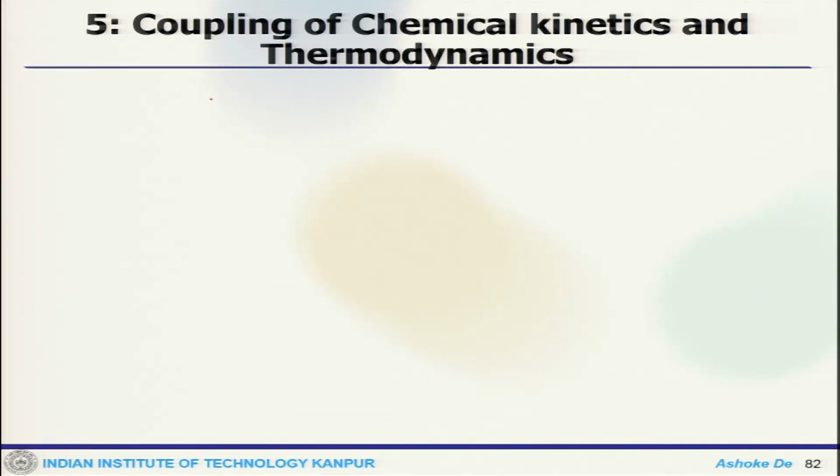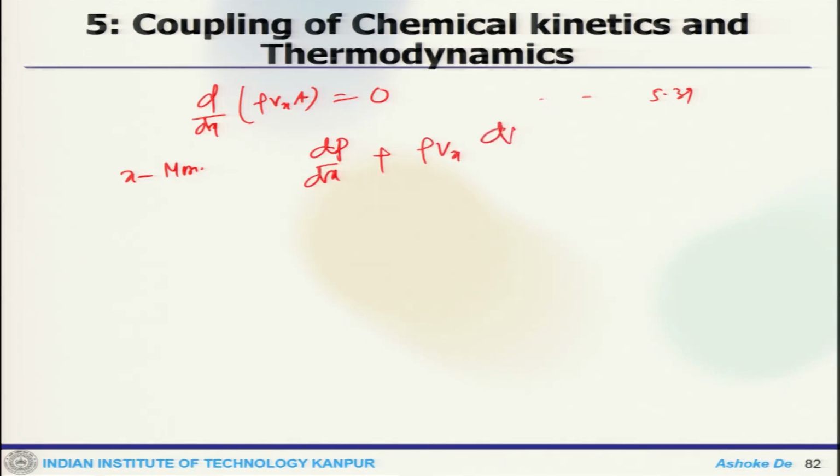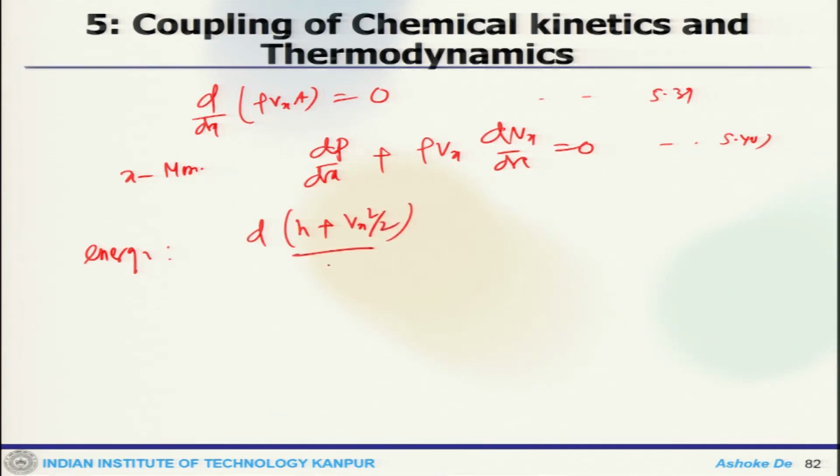Now, mass conservation gives d/dx of rho Vx A equals 0, that is your equation 5.39. Then the x momentum equation gives dp by dx plus rho Vx dVx by dx equals 0, and then energy gives d/dx of h plus Vx square by 2, plus q dot P by m dot, equals 0. Here Vx is the axial velocity and P is the local perimeter.